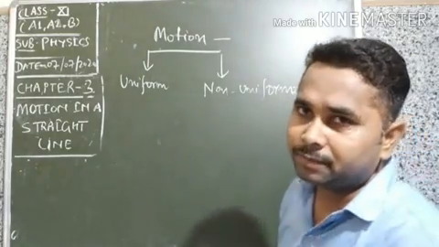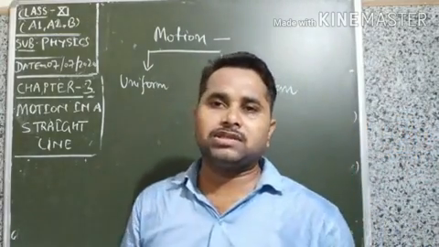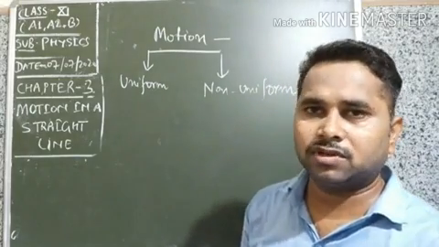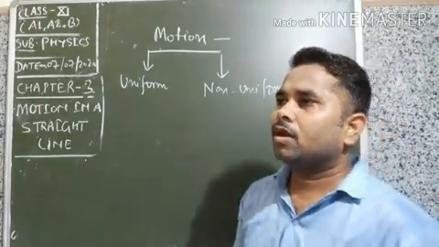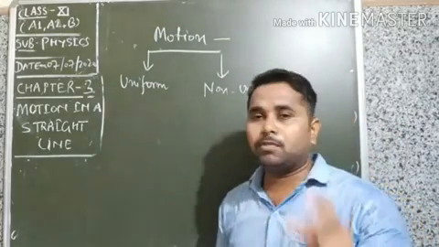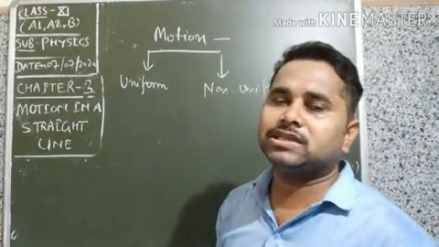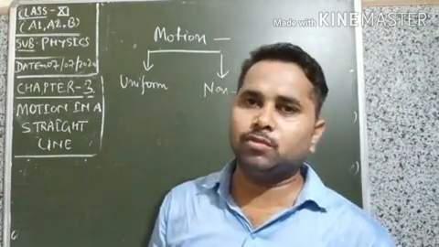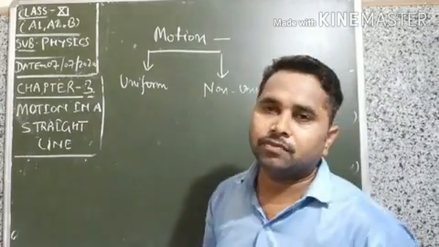I am repeating again, if the body covers equal distances, or equal displacements for the velocity term, in each equal interval of time throughout the motion, then the motion is called uniform motion.